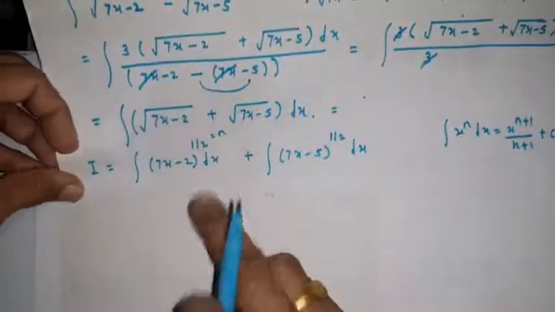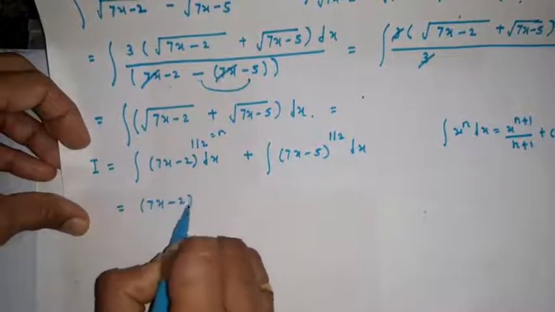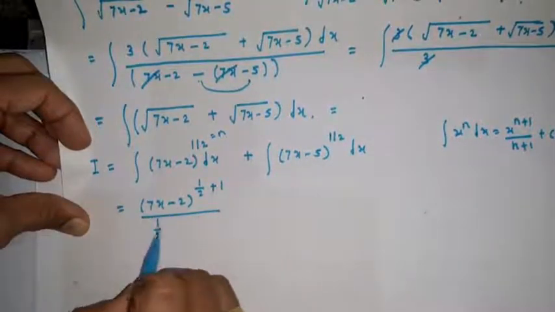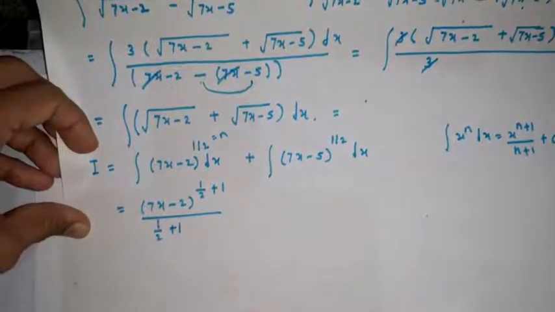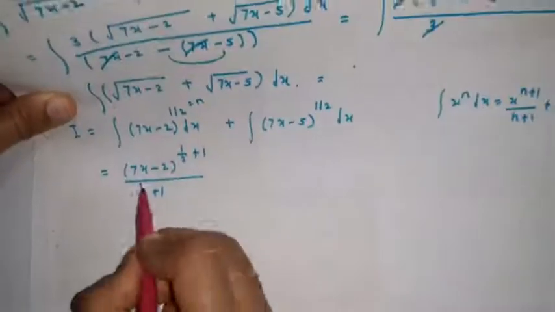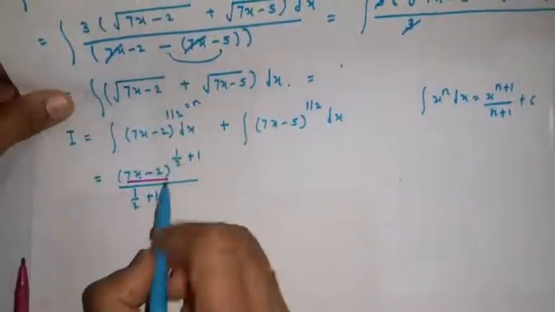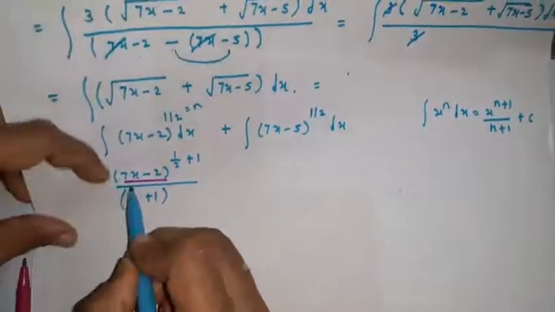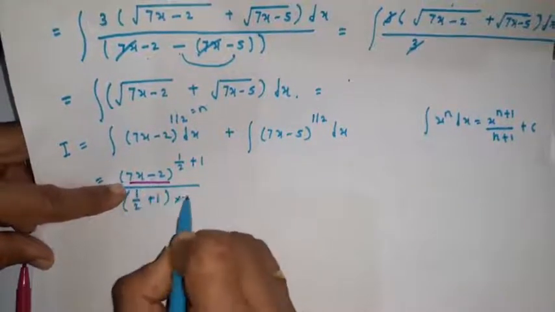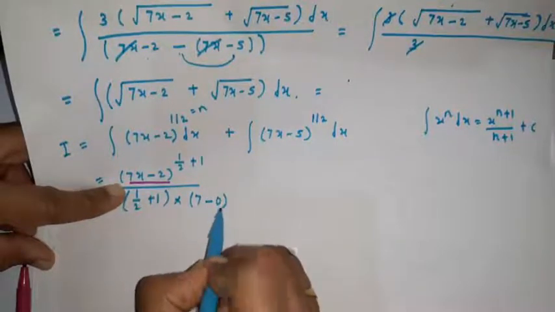Here n is half, and this is equal to 7x minus 2 raised to half plus 1 upon half plus 1. But see students, this 7x minus 2 is again a differentiable function. So take its differentiation. The differentiation of 7x is 7, minus differentiation of 2 is 0.